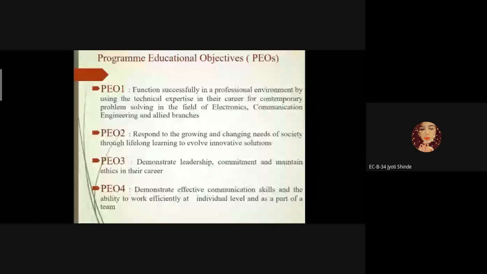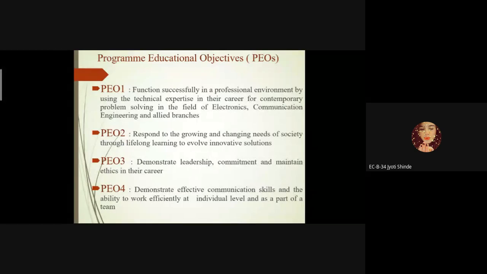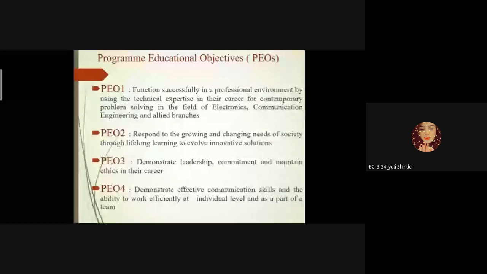Okay, so I'll explain in a short view. Basically, the main objective of studying the various program educational objectives is that we study engineering subjects, and after studying various subjects, what is the outcome of this particular course?